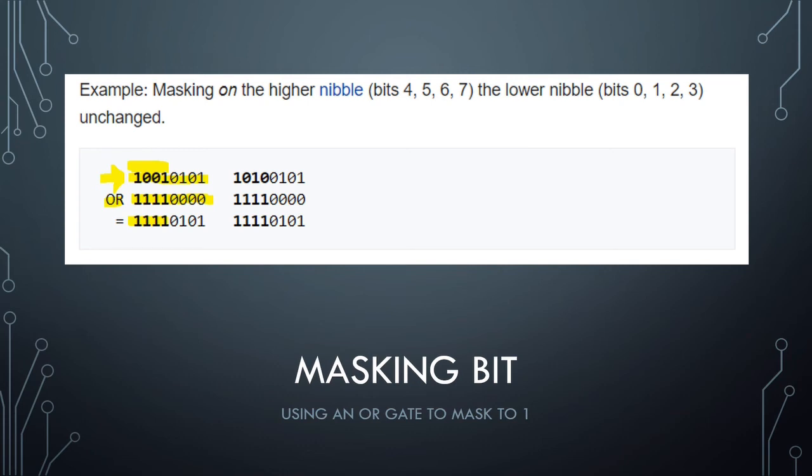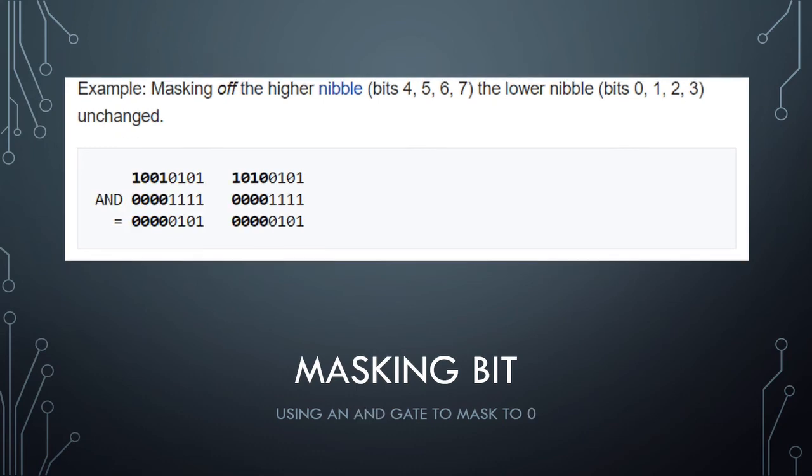So we're using this OR gate and this second number here to mask these first 4 bits, so that they're always true or always on, and then we're still retaining the data from the lower nibble of bits, which may be used for something else.